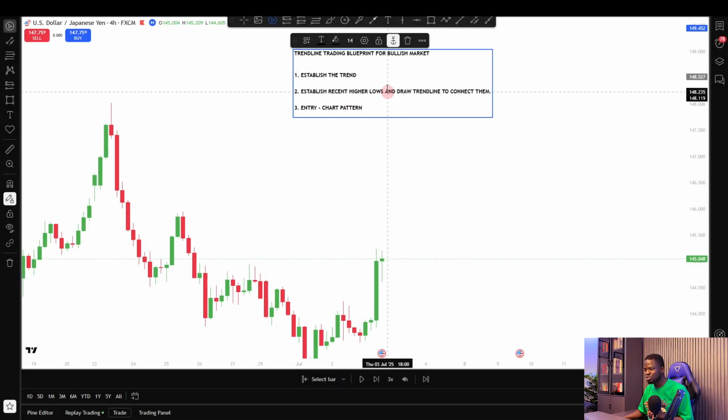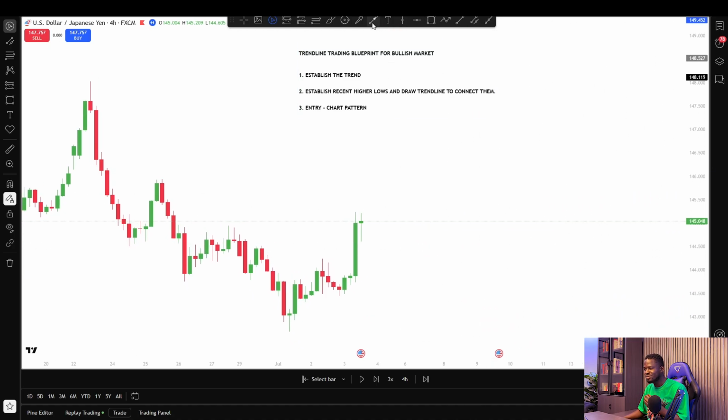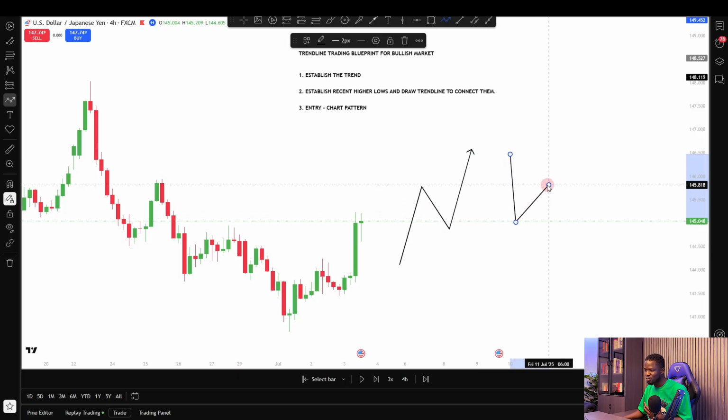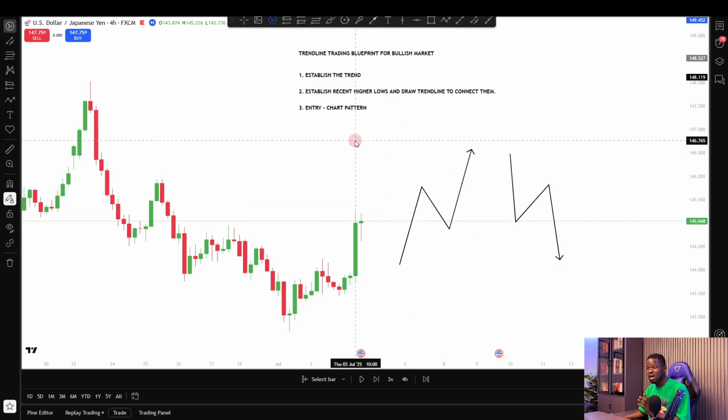The best time to use this blueprint is when the price action is trending either to the upper side, higher high, higher low, then higher high, or to the downside, lower low, lower high, lower low. But the first example I want to show you right now is how to use this trendline trading blueprint for bullish market condition.